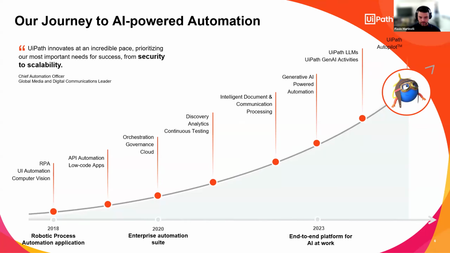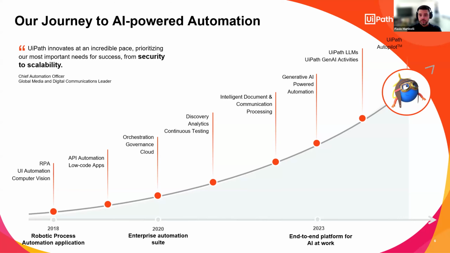And as you can see, during all these years up until today, we always focused on developing our AI journey. So we developed low-code apps, testing, up until our GenAI activities and our newborn Autopilot.